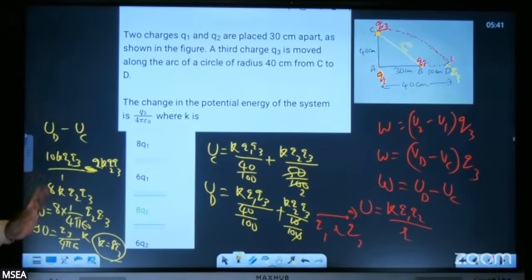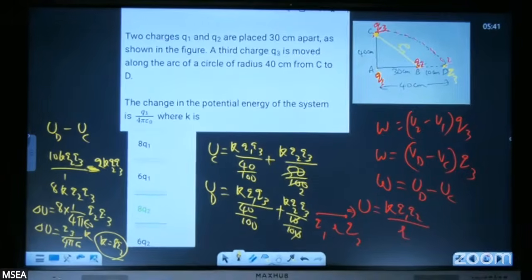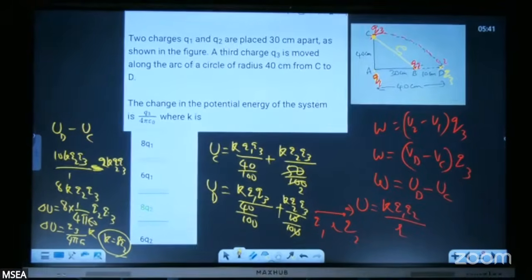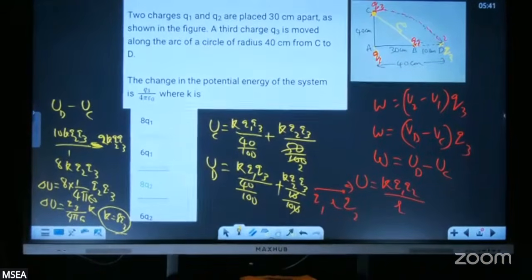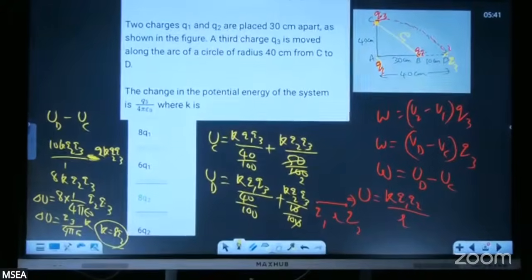That should be the answer. So in this, work done you can take as potential difference into charge that is moved, or difference in potential energies.